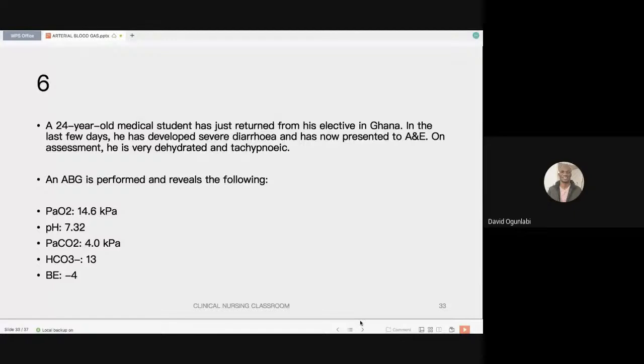You don't need to say you think, you have already analyzed, so you just tell us what it is. Metabolic acidosis. So is it compensating or not? It is compensating because PCO2 is moving in the opposite direction, trying to buffer it. Thank you. So let's see if you are right. So this is compensated metabolic acidosis. You are very right. Thank you.